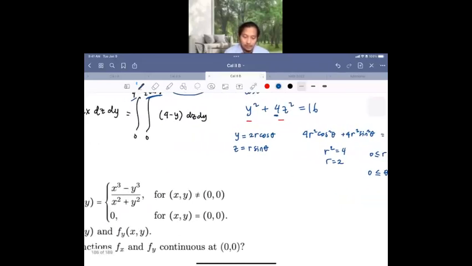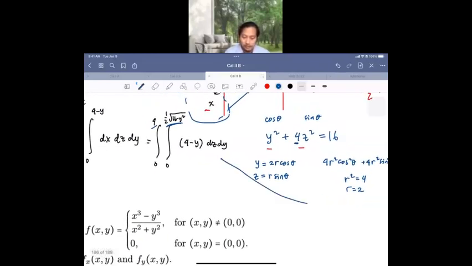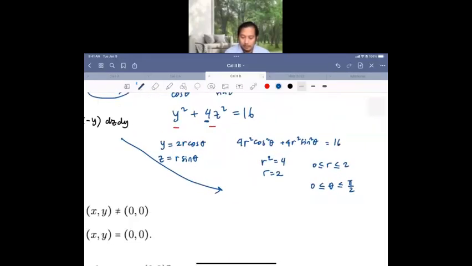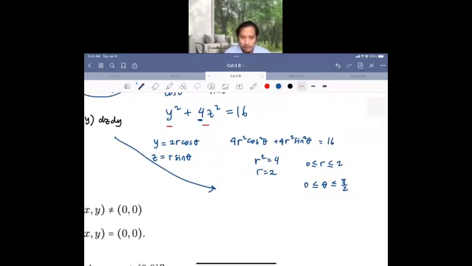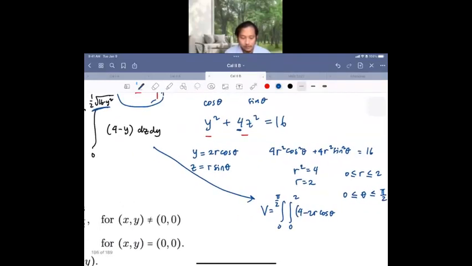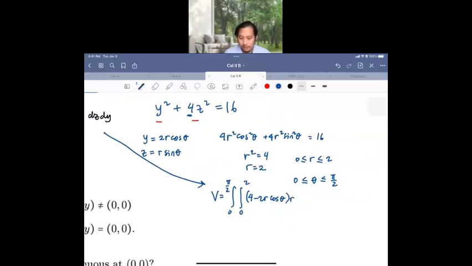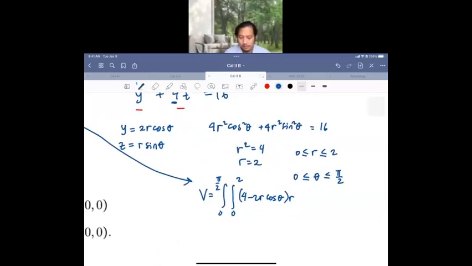So the whole thing here, we can exchange and write down in polar form: the 4 minus 2r cosine theta from 4 minus 1, and then this will be 2r dr d theta.